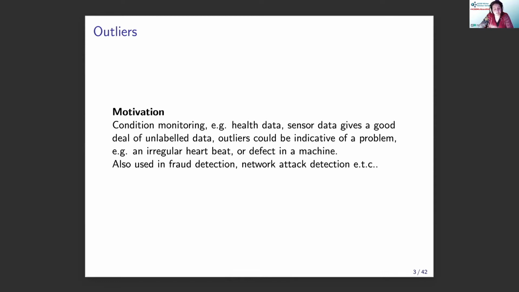A difference in the pattern of the vibration of a machine could indicate a defect in the machine. Say there's a little bit of a defect in the size of a cog, making the machine vibrate slightly differently than it would have done. Outlier detection is also used in fraud detection, detecting network attacks, and there's a huge amount of other potential applications, if only we can get the machine learning algorithms to be good enough at it.